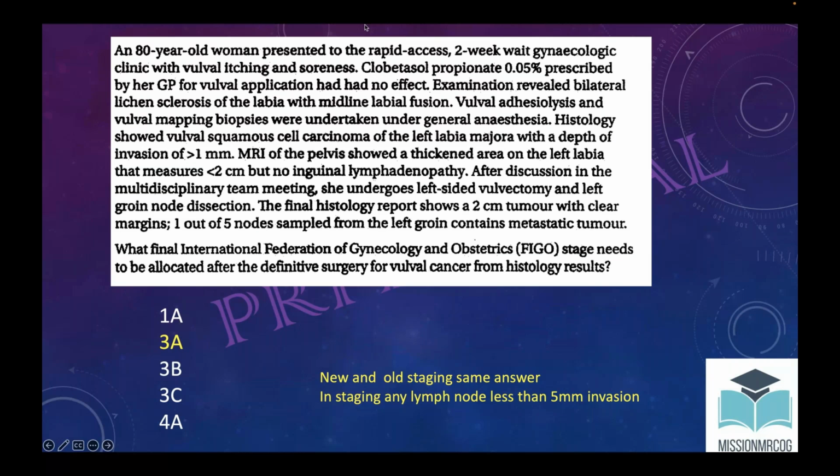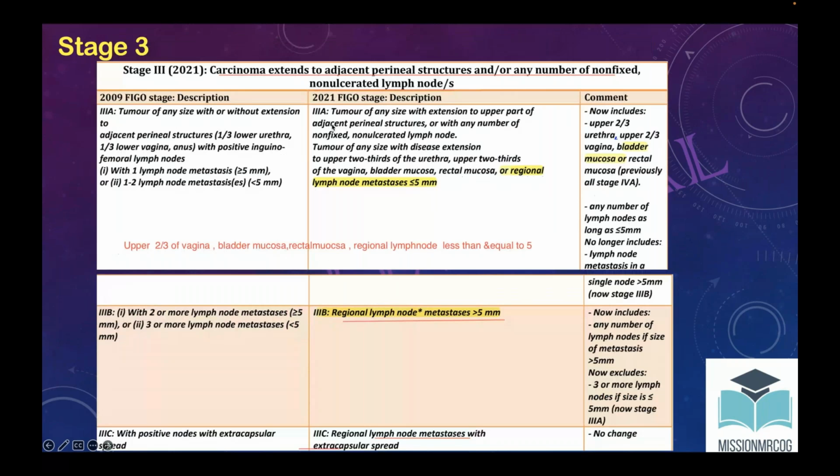New and old staging will both give answer 3A, but in new staging, any lymph node with less than 5 mm invasion is 3A, and 3B will be more than 5 mm invasion, and 3C will be extracapsular spread. So same thing, 3A lymph node metastasis less than or equal to 5 mm, 3B more than 5, and 3C extracapsular spread.